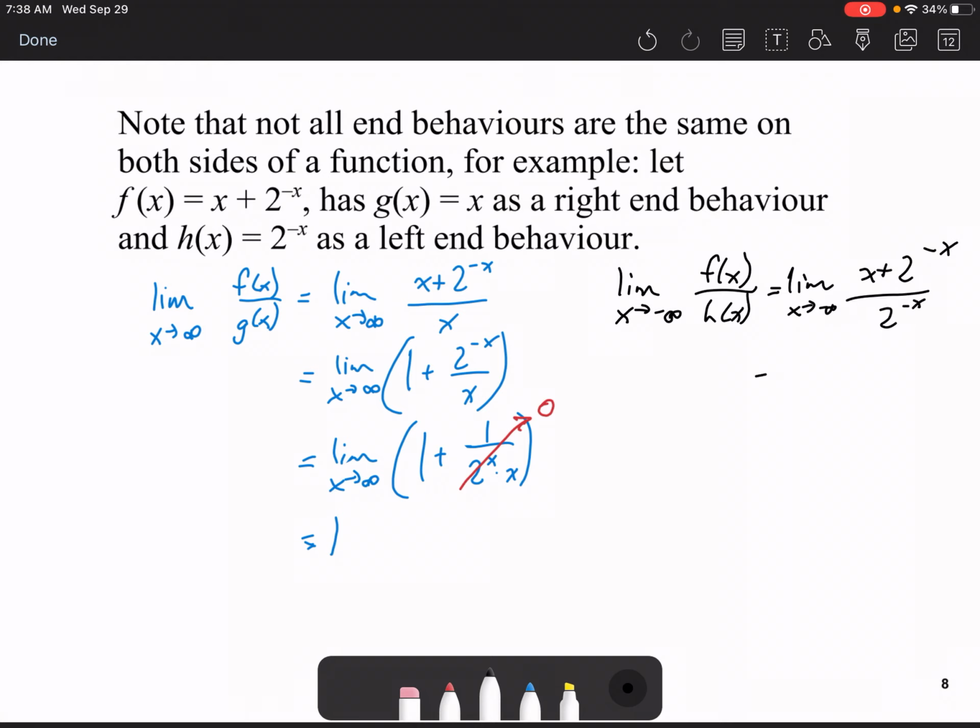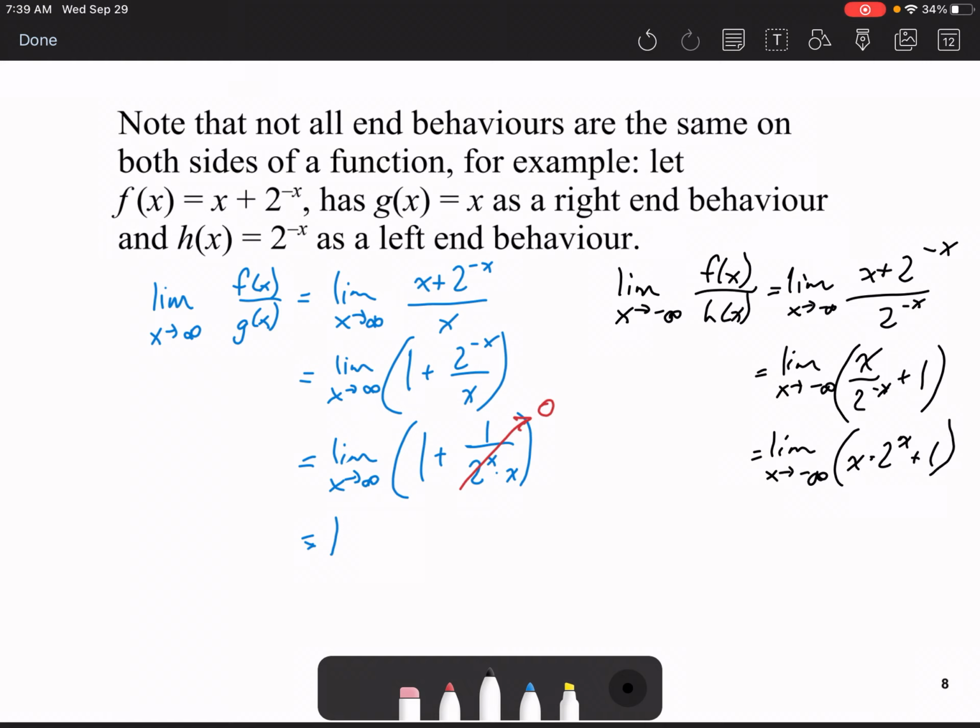Okay, so here we're going to get x over 2 to the negative x plus 1. Again, for my own brain, how it works, I'm going to rewrite this as x times 2 to the exponent of x plus 1.